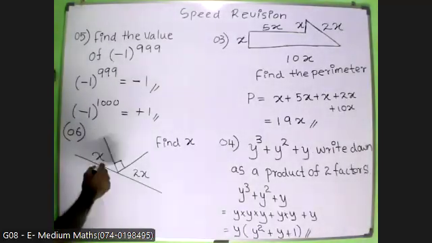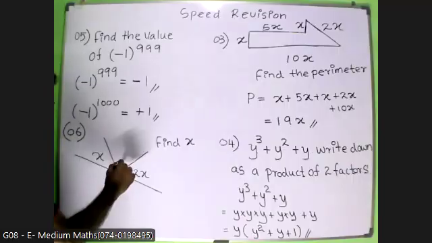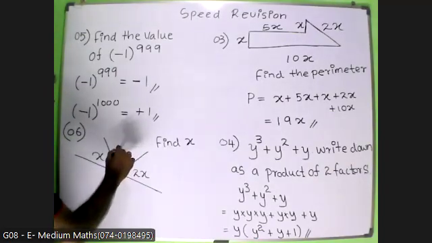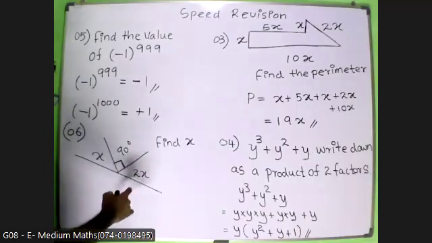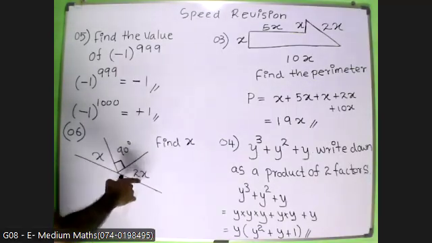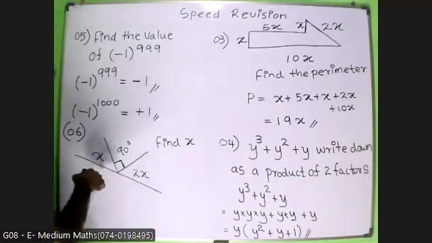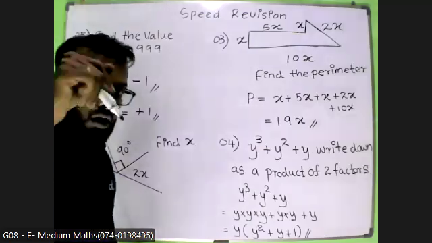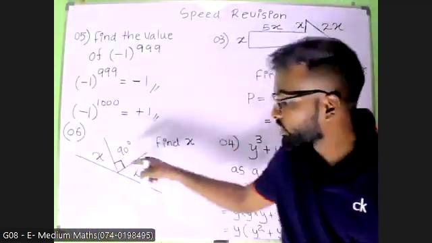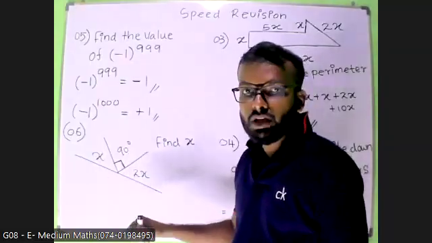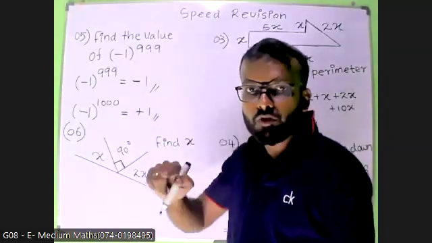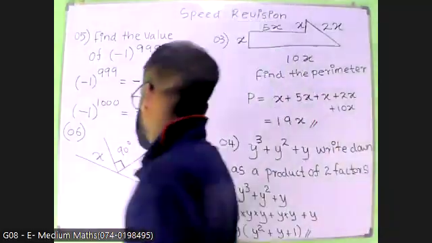So this is the straight line, right? On that straight line you have x. This is a right angle which is 90 degrees, and 2x. So these are angles on a straight line. So x plus 90 degrees plus 2x equal to 180 degrees.